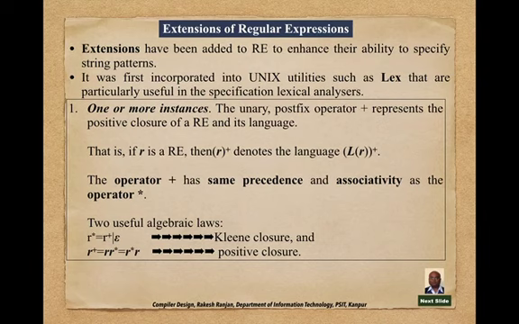The plus has the same precedence and associativity as the operator asterisk. So two useful algebraic laws we have here: R* can be R+ or epsilon, its Kleene closure, and R+ can be R R* or R* R. This is the positive closure.